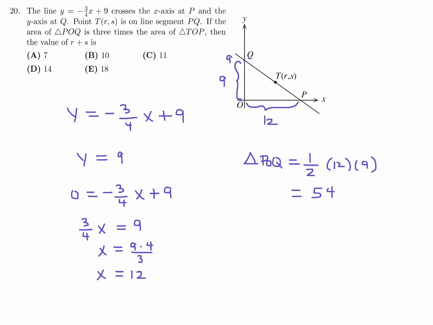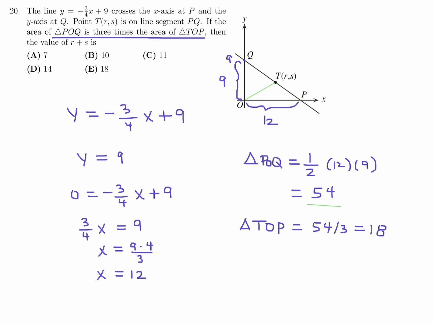All right, so they tell me that if I were to find the area of TOP, so I'll just make that triangle there, this is TOP, that is going to be related to the area that I just figured out in the following way, that POQ is 3 times the area of TOP. So that basically means that the triangle TOP, the area is 54 divided by 3, which is 18.